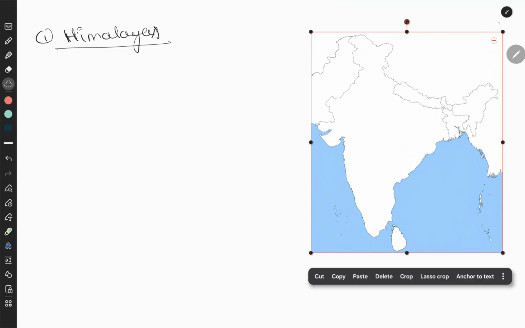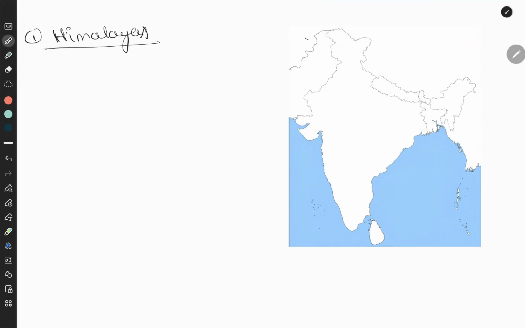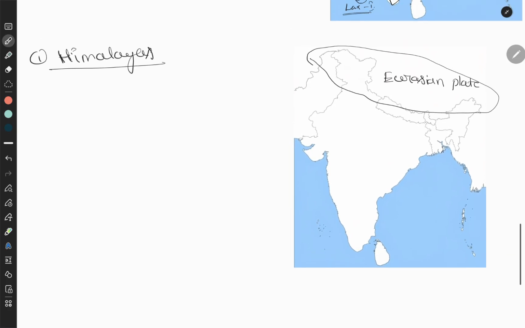Once again I will tell you, this plate is called the Gondwana plate.